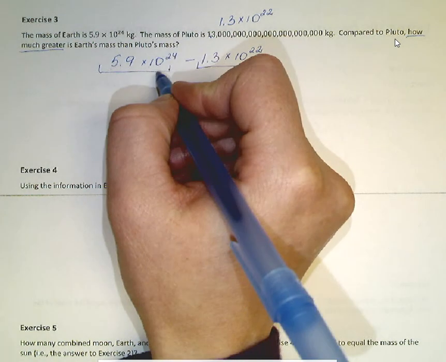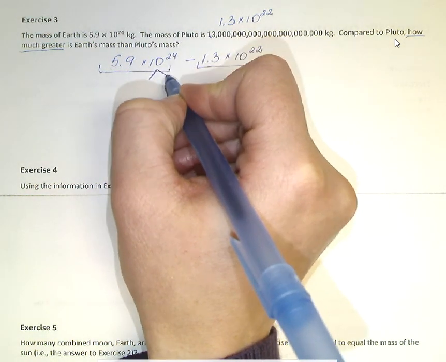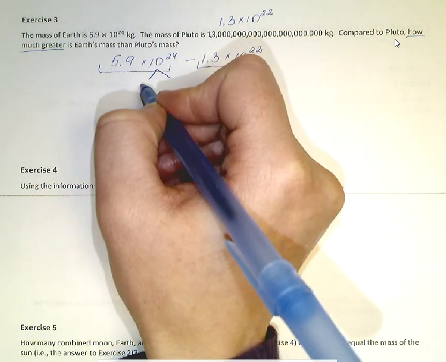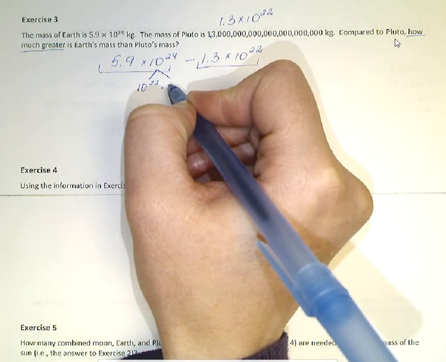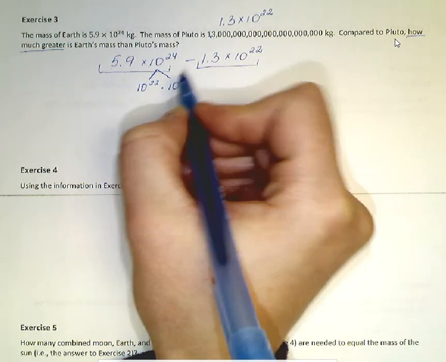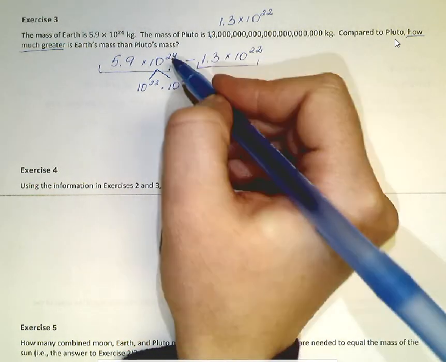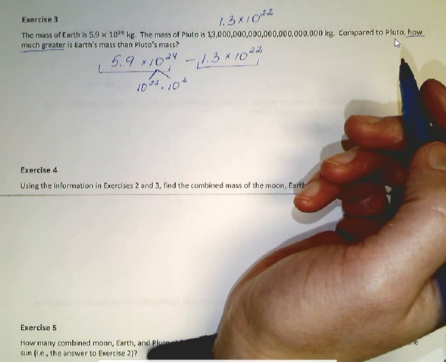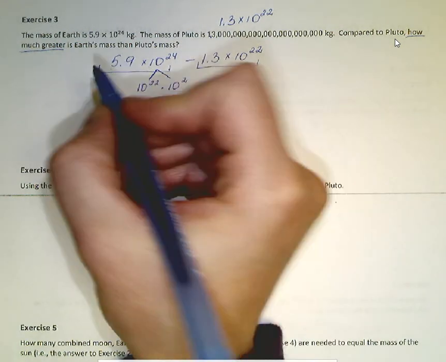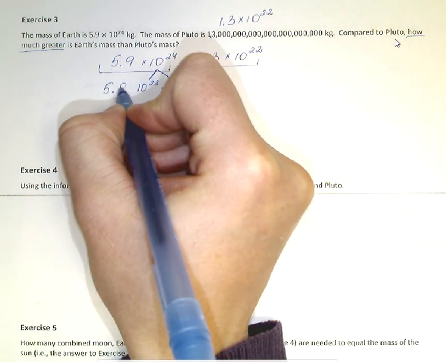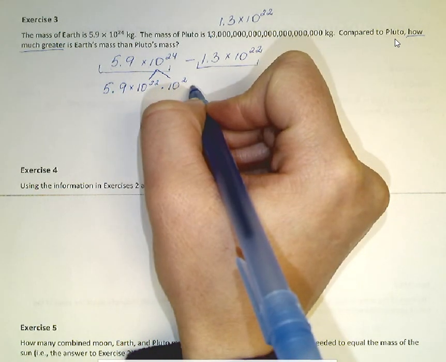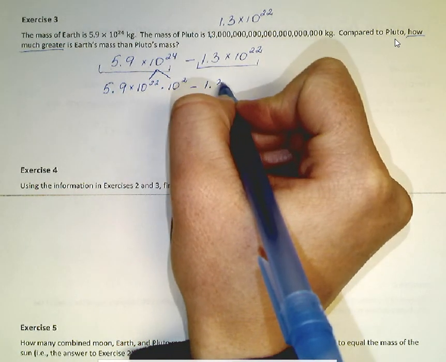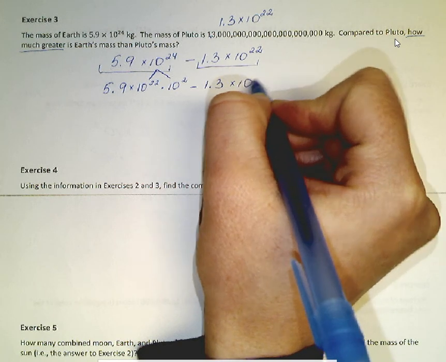So I'm going to decompose 10 to the 24th into 10 to the 22nd times 10 to the second. This way, if I add them together, I will get 24th, right? So I have 5 and 9/10 times 10 to the 22nd times 10 to the second minus 1 and 3/10 times 10 to the 22nd.